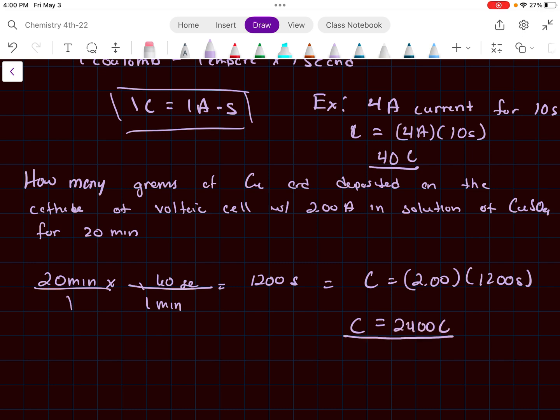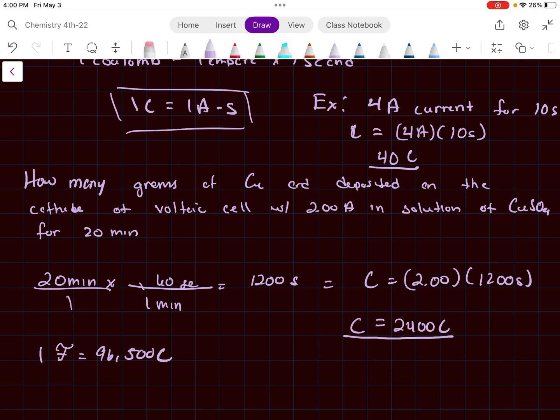Okay, so where are we at? Now, I know that 1 Faraday is equal to 96,500 coulombs. This is a given amount, and that should be in your formula sheet. So if I know that 1 Faraday is equal to 96,500 coulombs, then I basically just have to convert to Faradays.